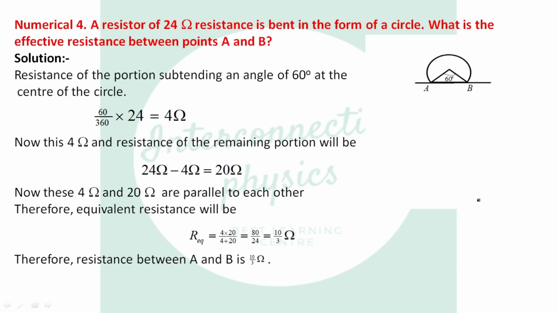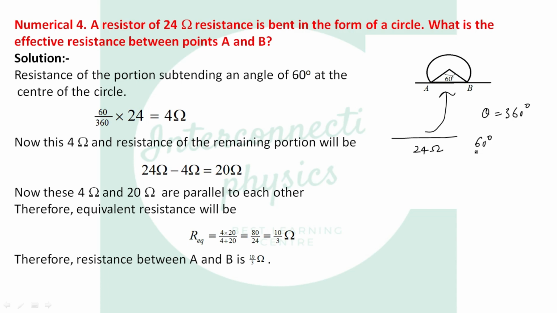So next numerical: a resistor of 24 ohm is bent in the form of a circle. Okay, let us suppose we have a resistor having resistance 24 ohm and it has been bent into a circle like this. What is the effective resistance between points A and B? Now we know the total angle in the circle is 360 degree, and this line is making a 60 degree angle.